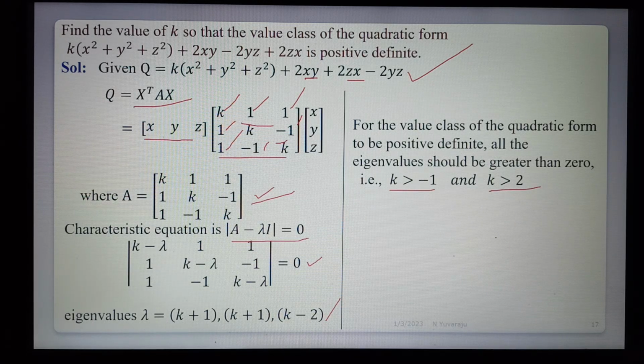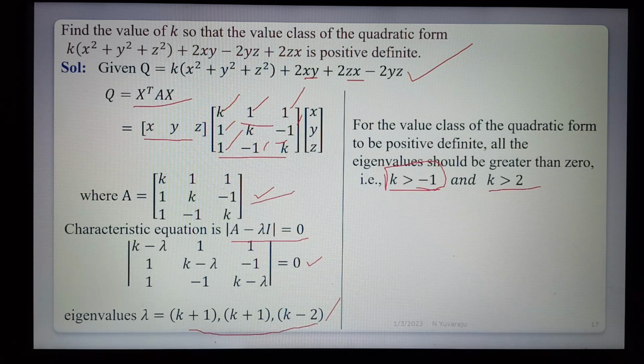But k greater than minus 1 is not sufficient, because if k is equal to 0, the eigenvalue minus 2 exists. Observe, if k is greater than minus 1, any one eigenvalue may be negative or 0. So k greater than minus 1 is not satisfied.